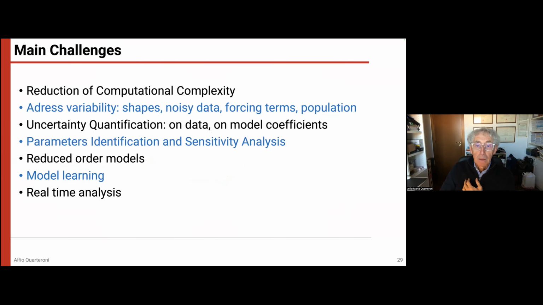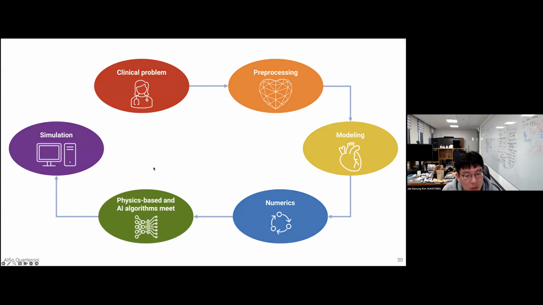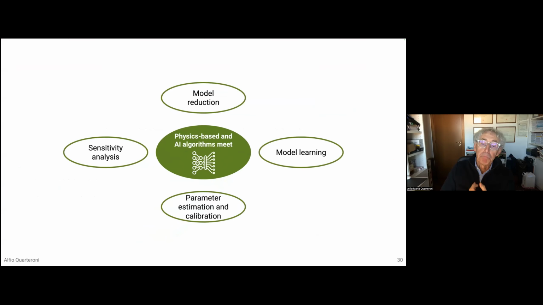We want to derive reduced order models in order to have, instead of the 700 billion variables, 1,000 variables, or say 10,000 variables. We like to learn models when we do not know models from physics, and hopefully to go to real-time analysis to better interact with medical doctors. So we basically use for that artificial intelligence algorithms, and we use them in a synergistic way with physics-based models.